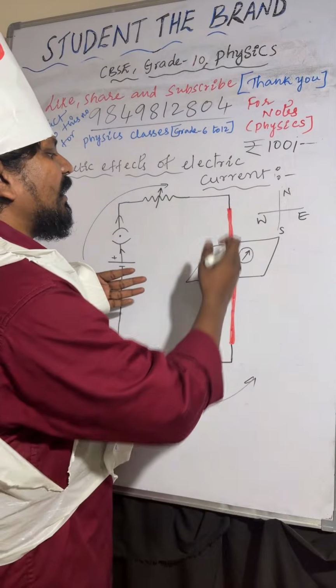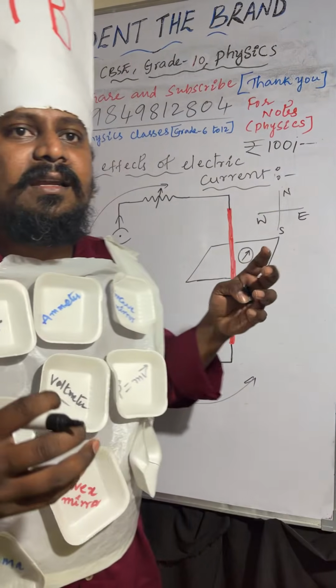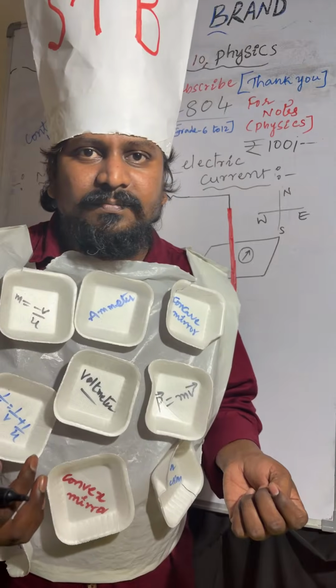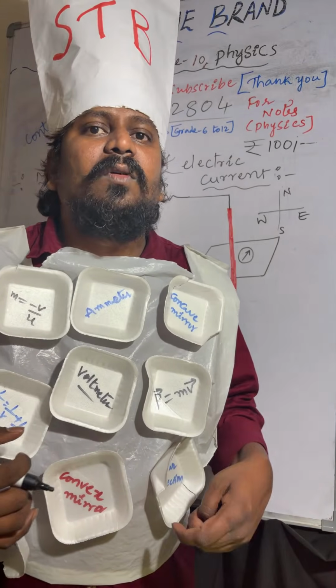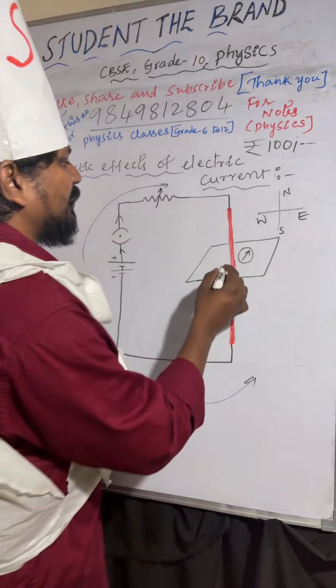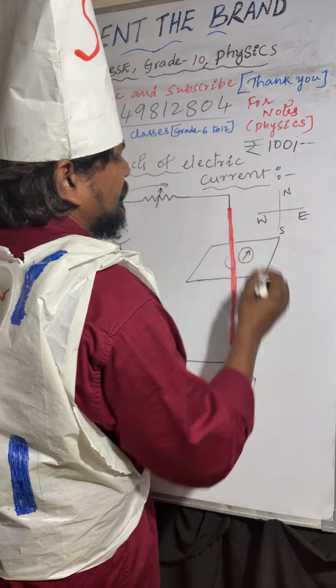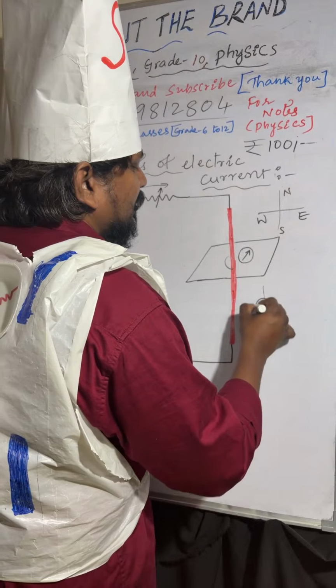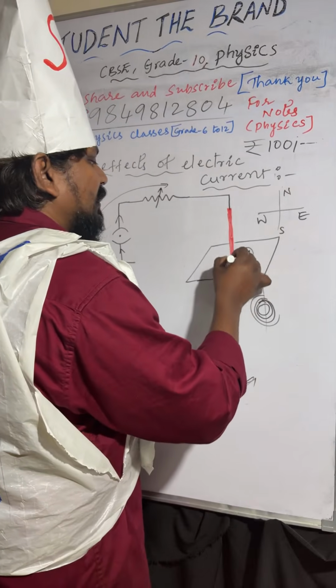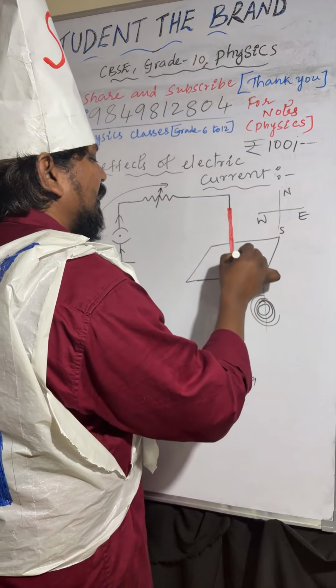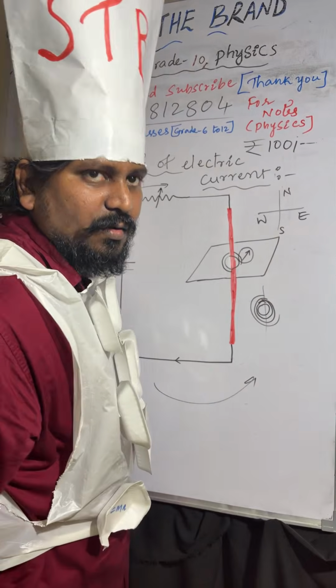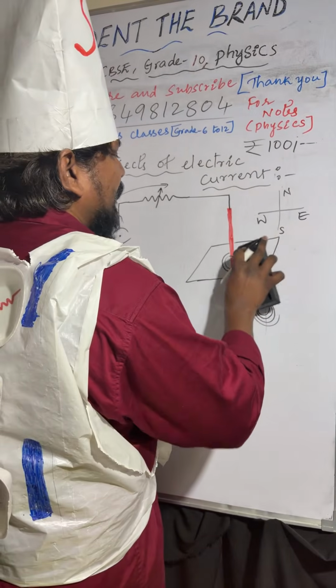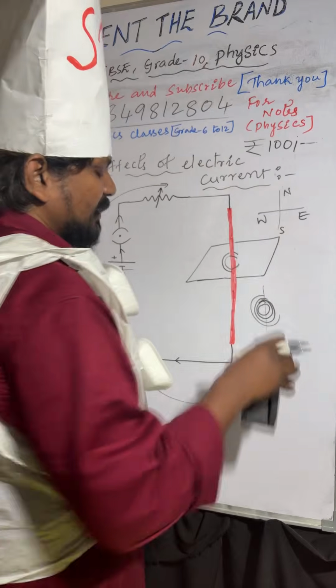And one more thing: near the conductor, the magnetic field will be more. The magnetic field lines will be in the form of concentric circles. Concentric circles means like this. Around the conductor, the magnetic field lines will be there like closed loops, completely circles like this.